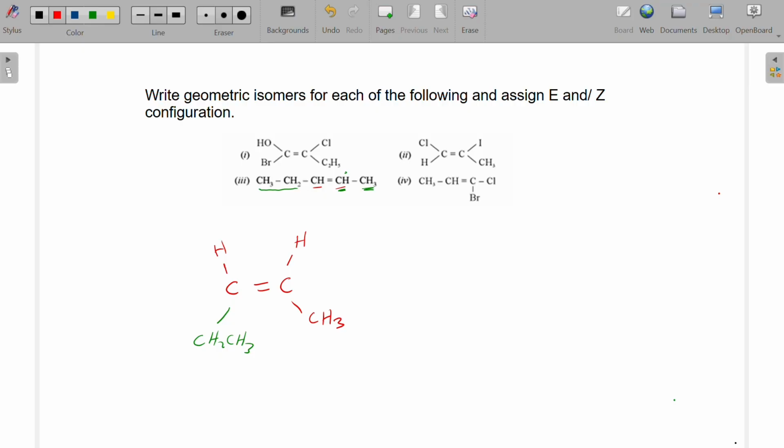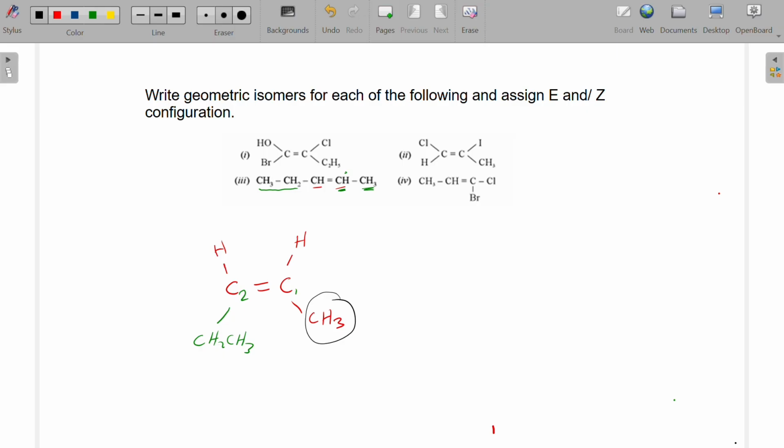All right, so now our job is to look at what we have and see which one is our group of interest on each side. So on the right side, we're going to call it carbon number 1 again and call the other one carbon number 2. On carbon number 1, we have a hydrogen connected directly to the carbon and also a carbon connected to the carbon of interest. Between hydrogen and carbon, carbon has the higher atomic number.